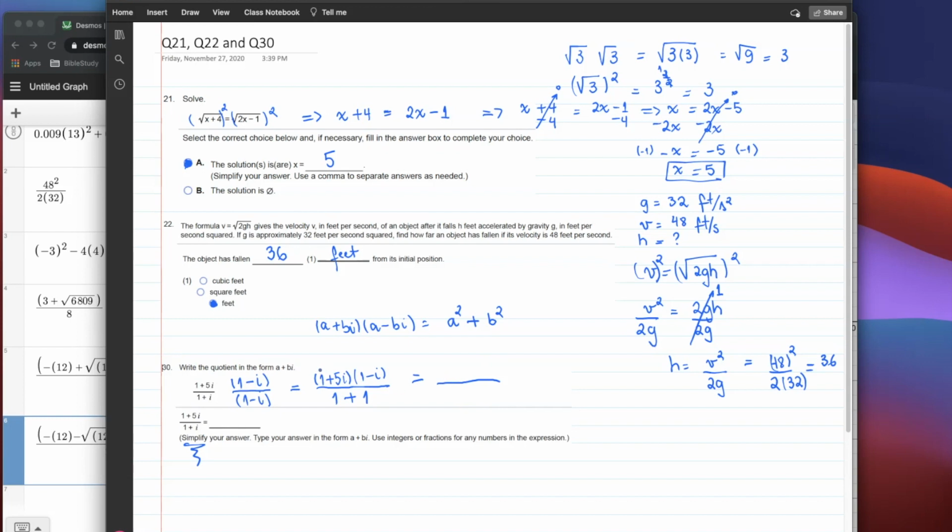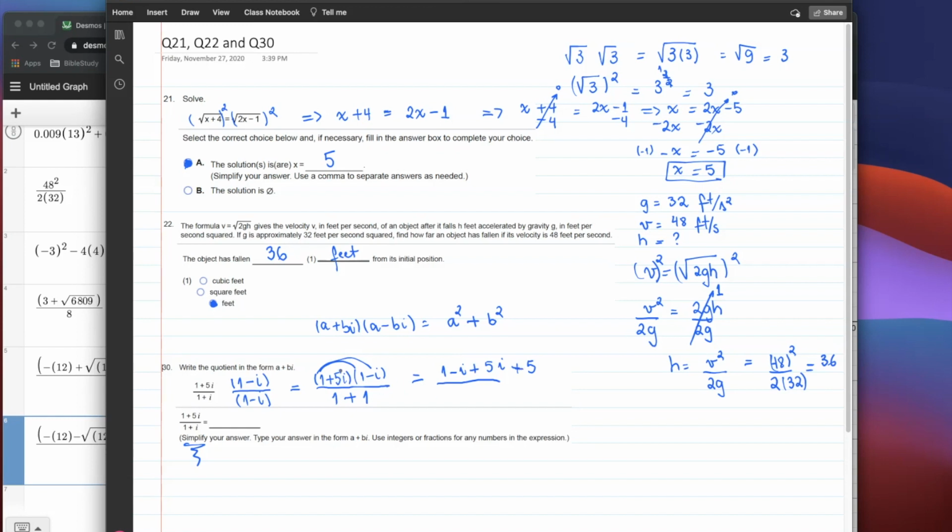Here I have to apply the distributive property. You'll have 1 minus i plus 5i, then plus 5.